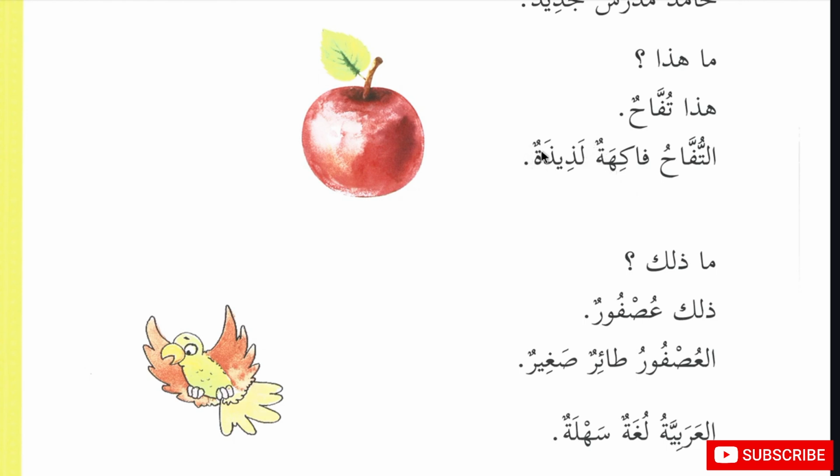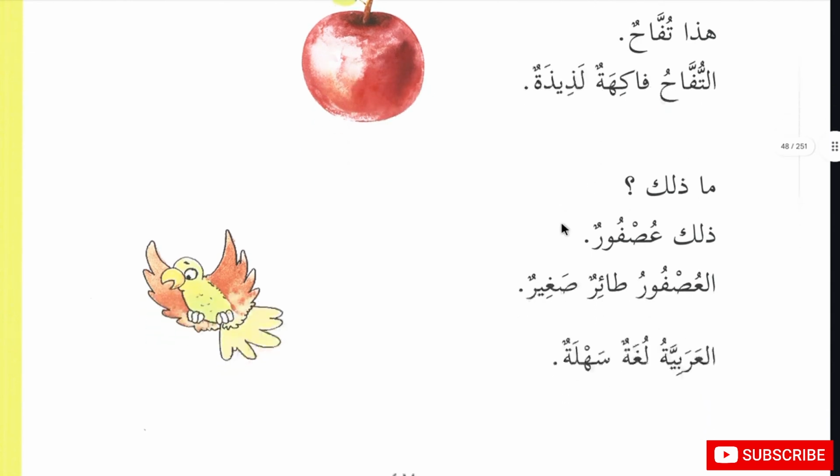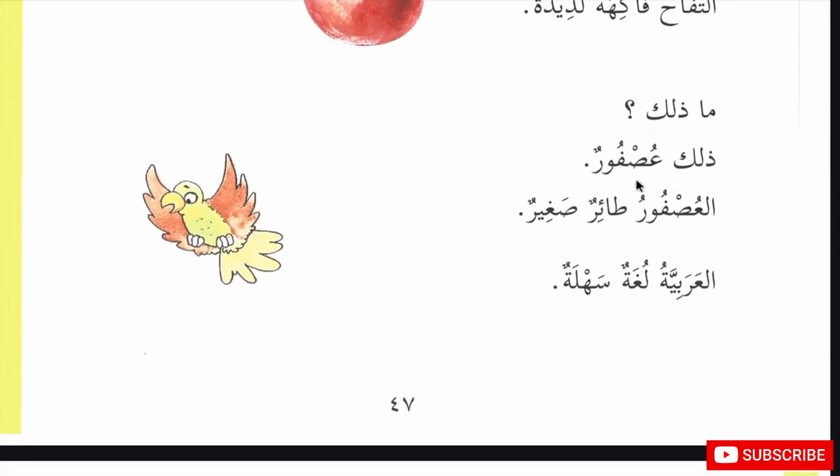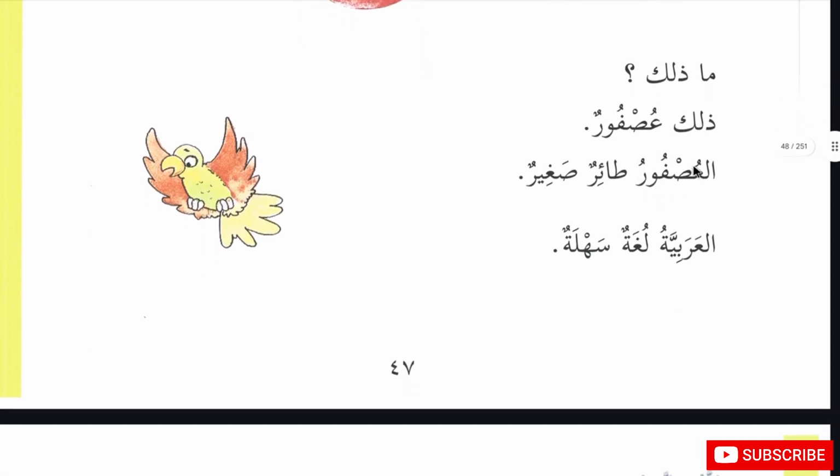These are taken grammatically as feminine singular, as the adjectives or the khabar of the sentence, of the mubtada, the subject. Don't worry, we'll cover this in a future lesson. So the apples are a delicious fruit. Ma dalika, what is that? Dalika usfur, that is a sparrow. Al-usfuru ta'irun saghir. The sparrow is a small bird.